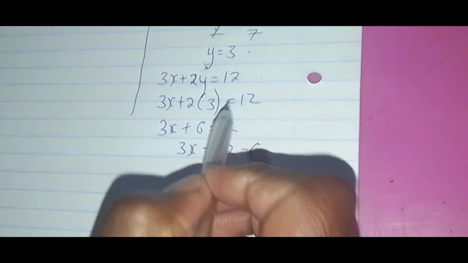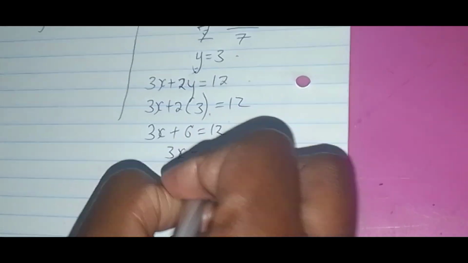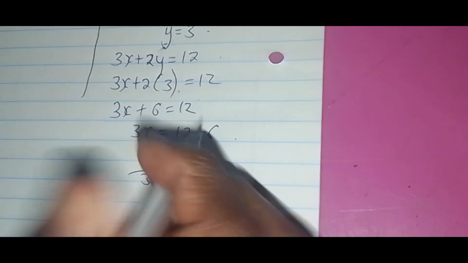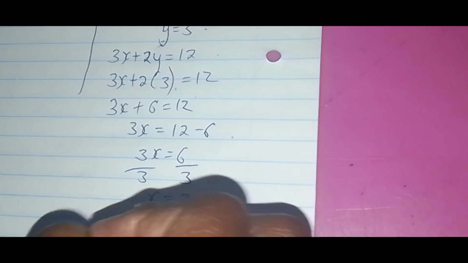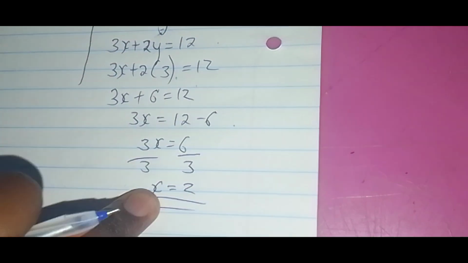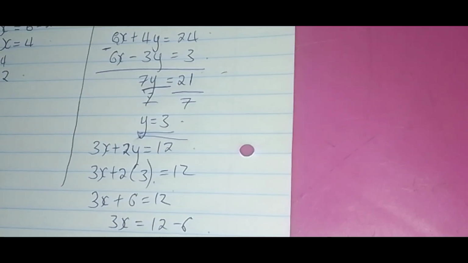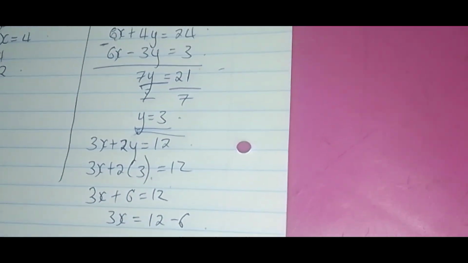You just do minus 6 here, minus 6 here. 3x is equal to 6, over 3, over 3. X is equal to 2. So this is the value of the x variable, and this is the value of the y variable. Hope you have understood.